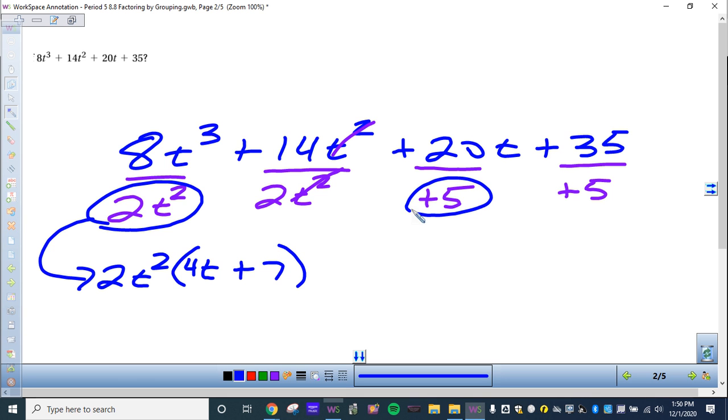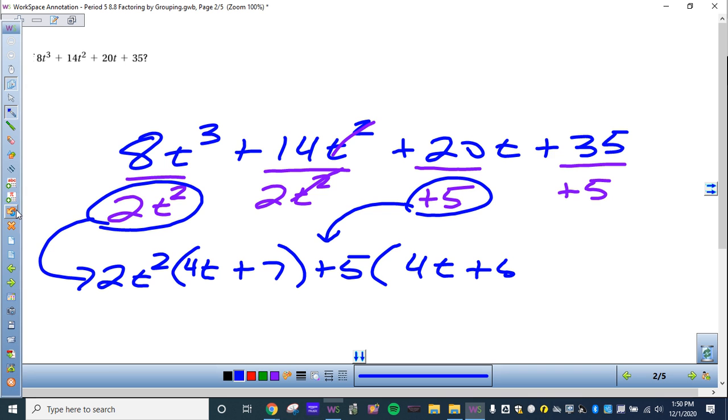Take that plus 5 right after that first parenthesis. And then again we end up with 20t divided by 5 is 4t. 35 divided by 5 is 7.